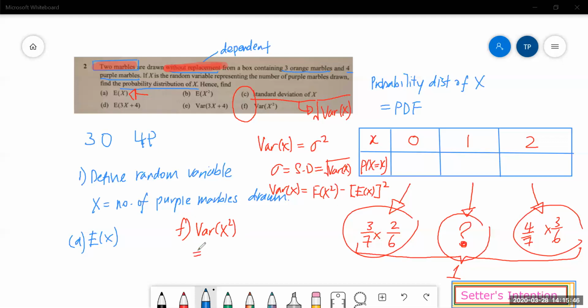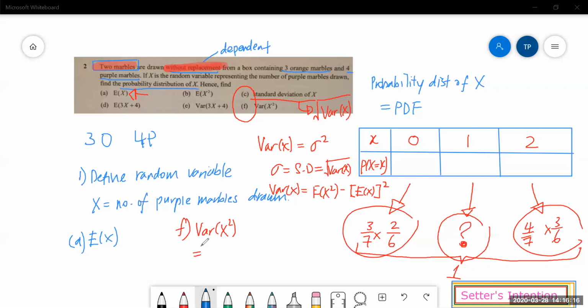How are you going to find this? How are you going to find the variance of X squared? Anyone? Jamie?